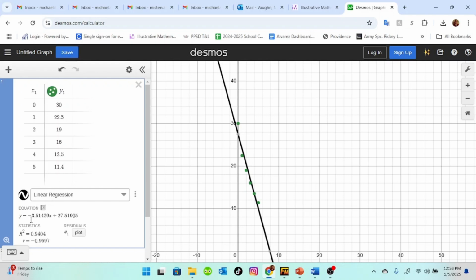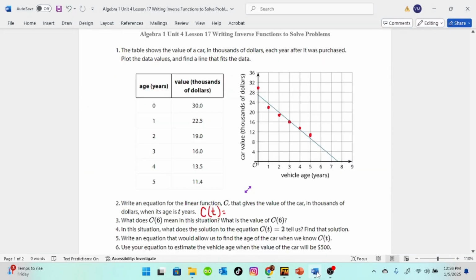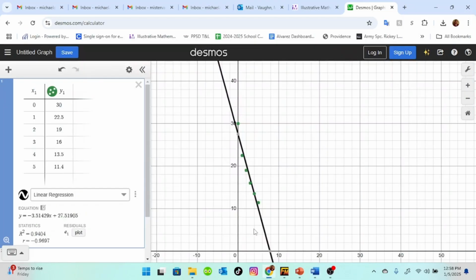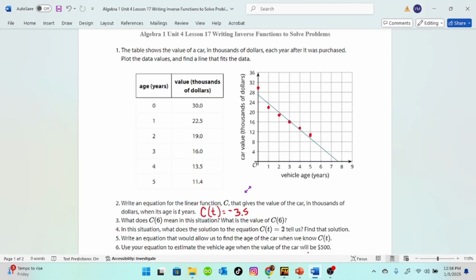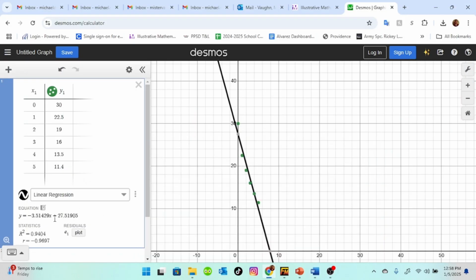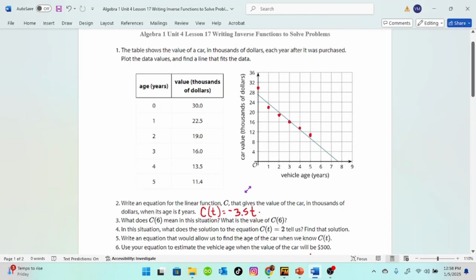So we have negative 3.5 x. So in this case, we're going to replace the x with t. Plus 27.5. And this is the equation.